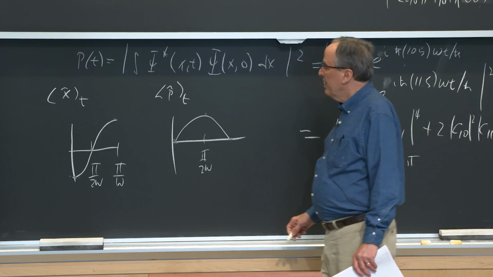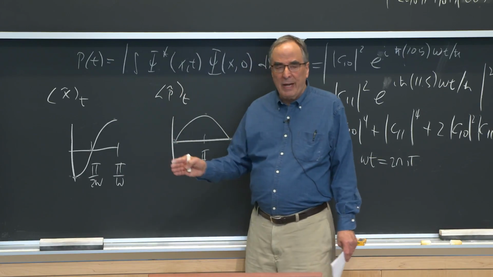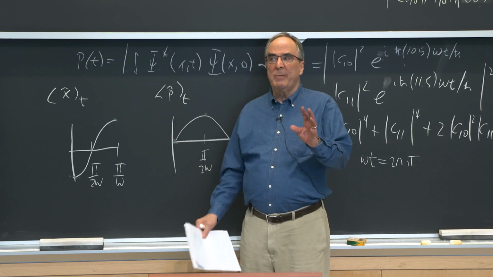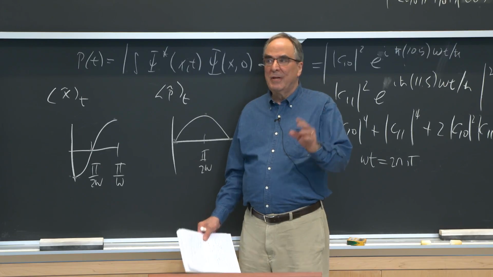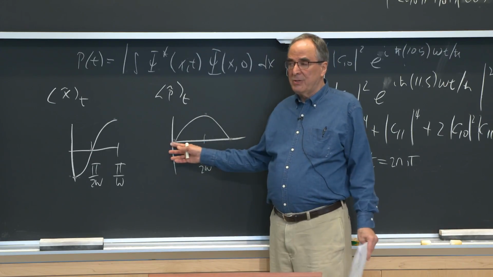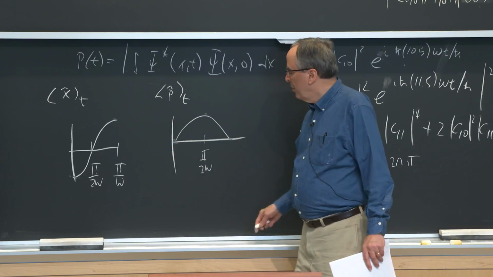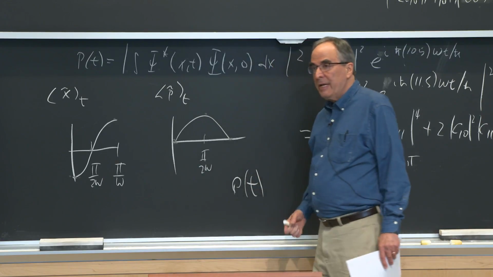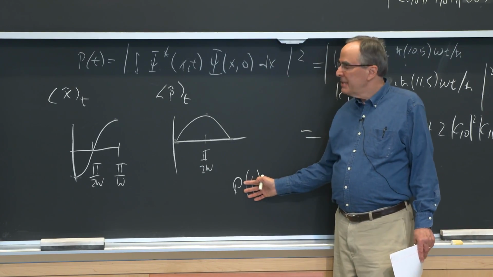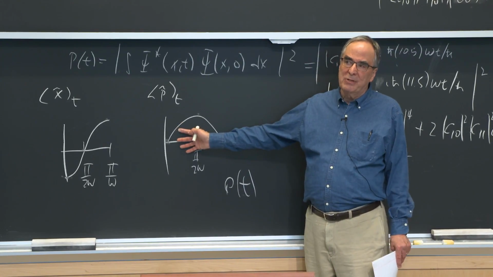So what's that telling you? It's telling you this wave packet, as far as coordinate space is concerned, is not moving at t equals 0. As far as momentum is concerned, it's moving like crazy. And so this survival probability is changing, entirely dominated by the change in momentum, which is encoded in the wave function.